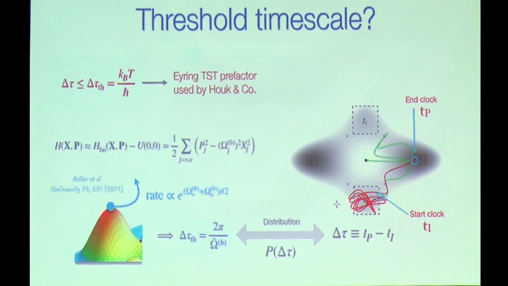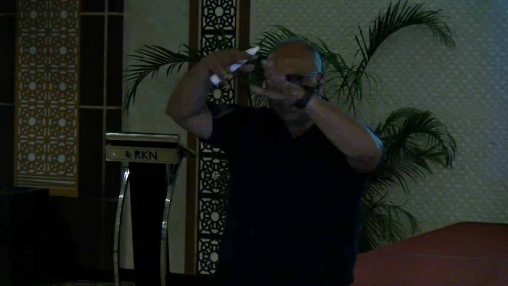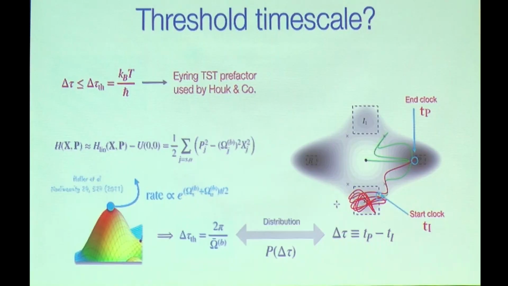It turns out that there is a very nice theory by Haller, who was doing this work about rank 2 saddles and escape rates. They say that essentially there's a time scale that you can associate with escape from this rank 2 saddle, and it's sort of the mean of the curvature of the 2 directions. And we said, okay, this is a reasonable first guess at what this threshold time should be. Basically, this is sort of the fastest time scale you have for the system to leave this rank 2 saddle area.